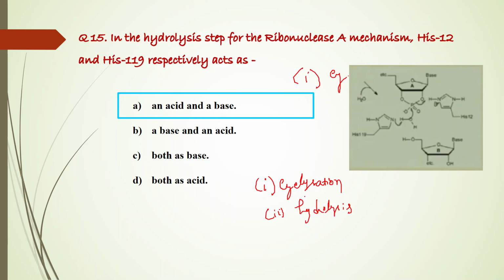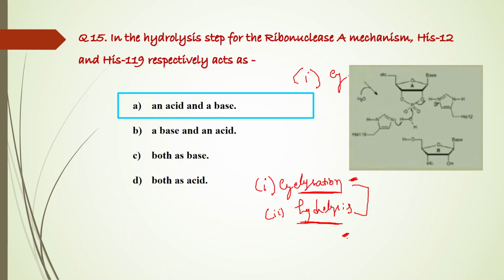They are asking about the hydrolysis step, which comes after the cyclization step. The roles of histidine 12 and histidine 119 are reversed in these two steps. The histidine which acts as a base in cyclization acts as an acid in hydrolysis. Their roles just get reversed.